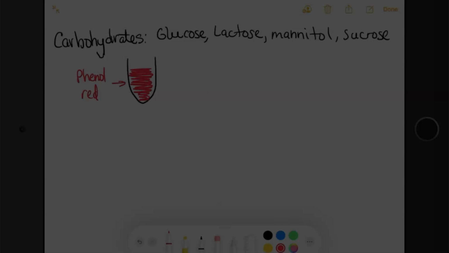So phenol red is going to detect any changes in the pH. We know that phenol red is going to be red under basic or neutral pH. I wonder what happens if there is an acidic environment or if there is an alkaline pH. Well, we're going to find out.